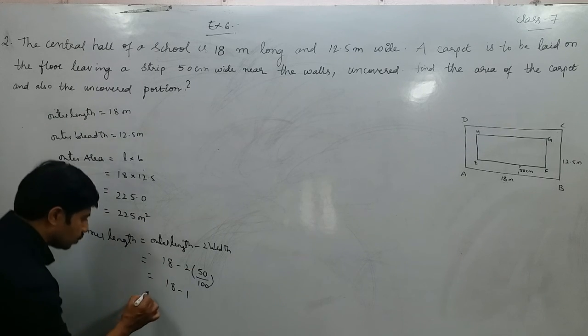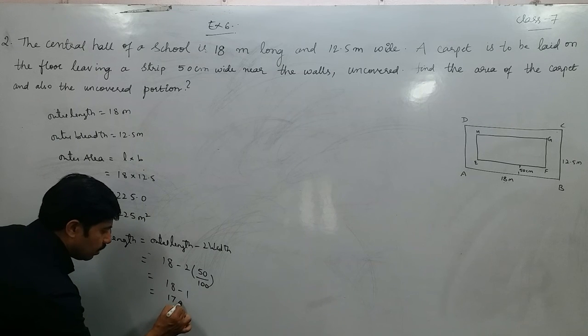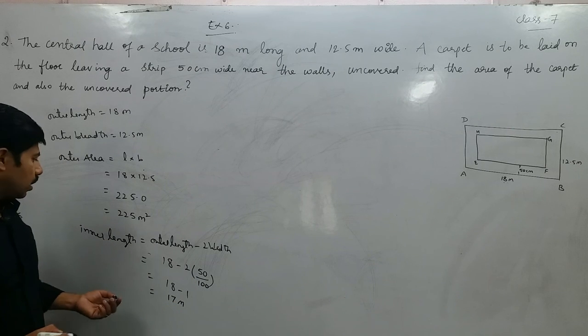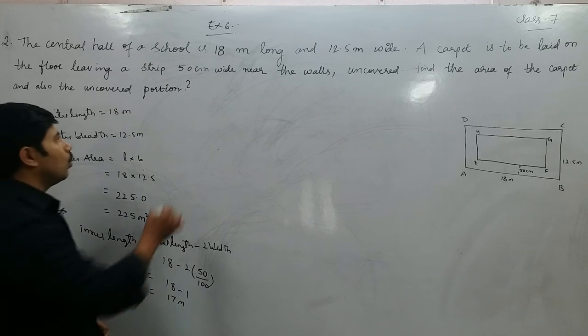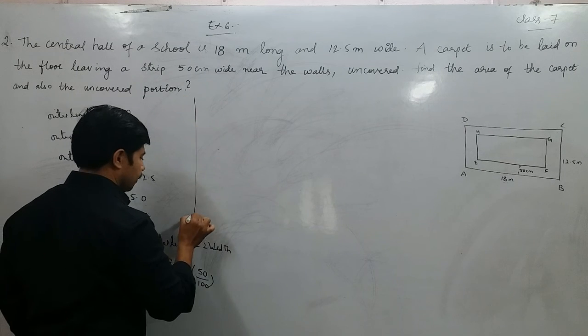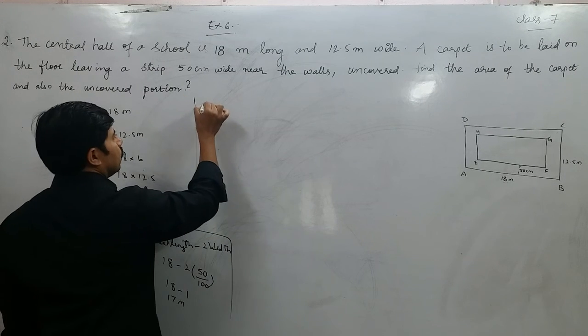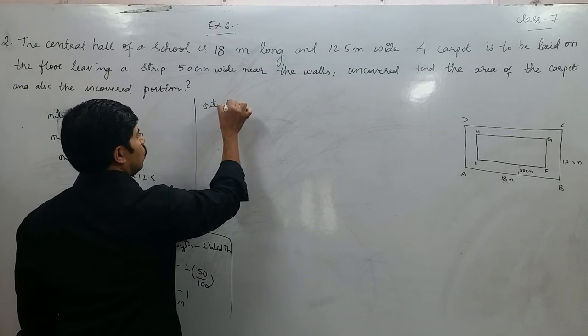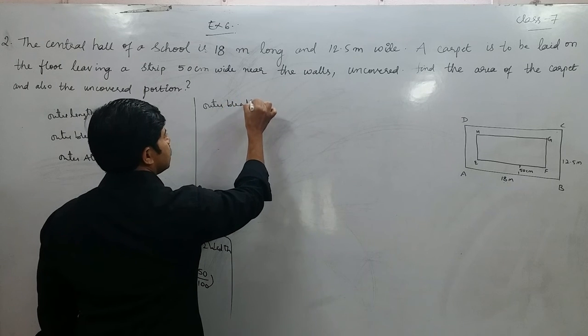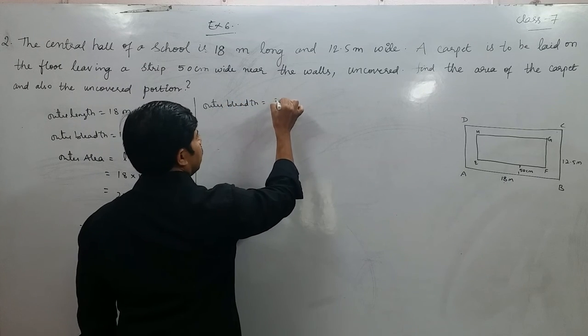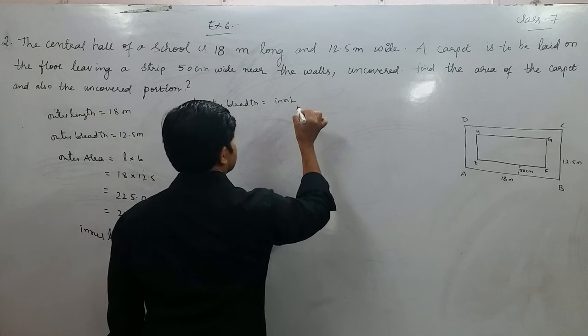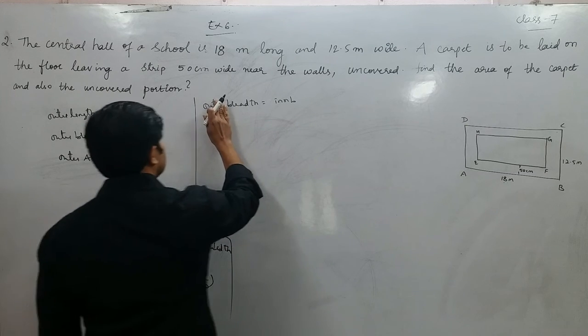So 18 minus 1 is 17 meters. So this is the inner length. Now we will find out the inner breadth.